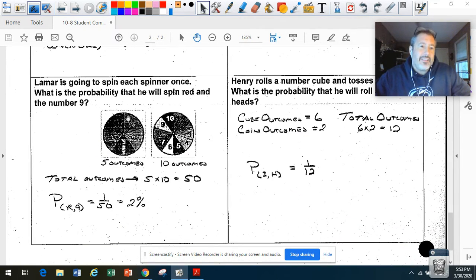If these are very hard to see, they're actually in your book on page 484, example 4. So what it says here is Lamar is going to spin each spinner once. What's the probability he will spin red and the number 9? Well, let me show you here. This triangle here is an R for red.